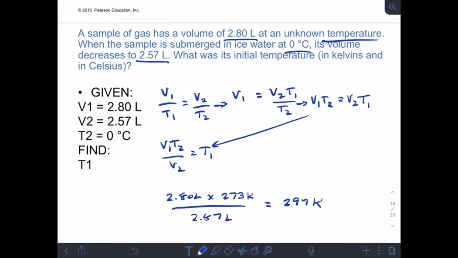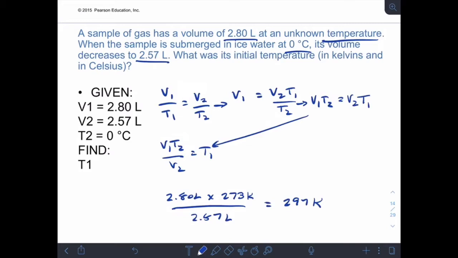Now, here's the question. Does the answer make sense? Your initial volume was 2.8 liters, and it decreased to 2.5 liters when we decreased the temperature. So that means that if our relationship holds, our initial volume should be higher, well, it is higher, and our initial temperature should also be higher.